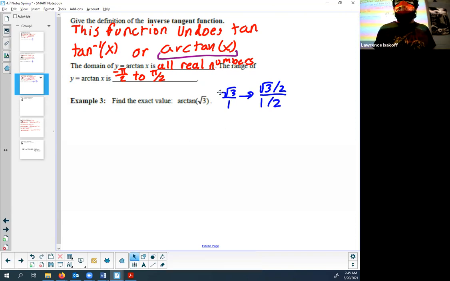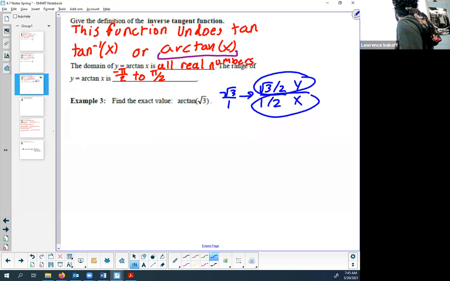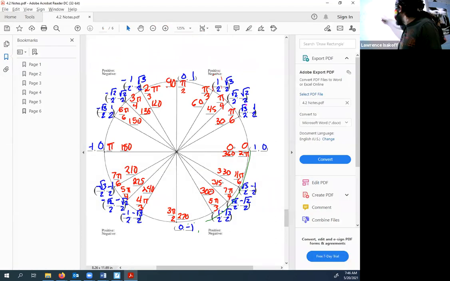So I'll look for where my y value is this, and my x value is this on my unit circle. Where that happens, my y is √3 over 2, my x is 1/2. That's happening at pi over 3.